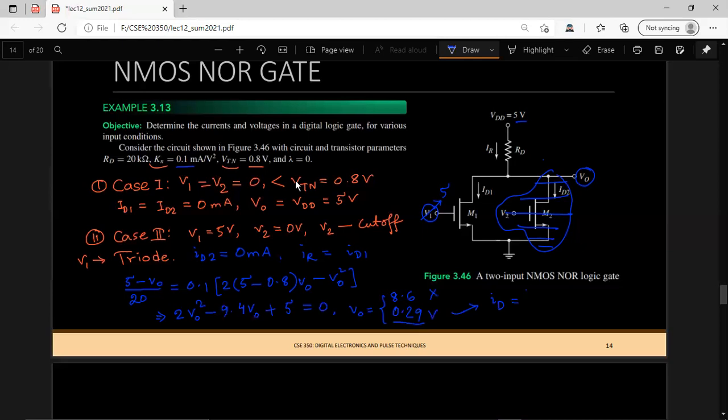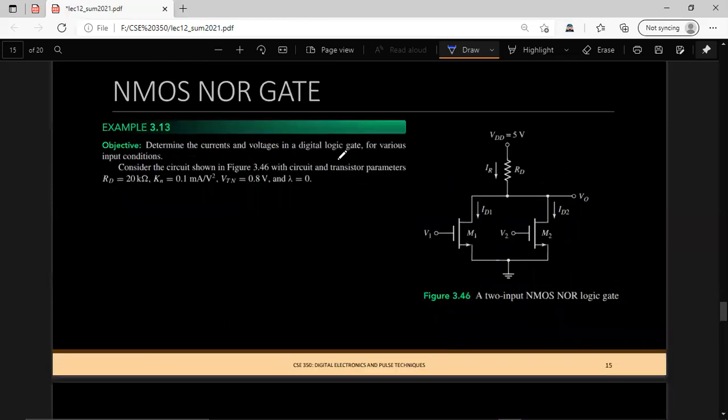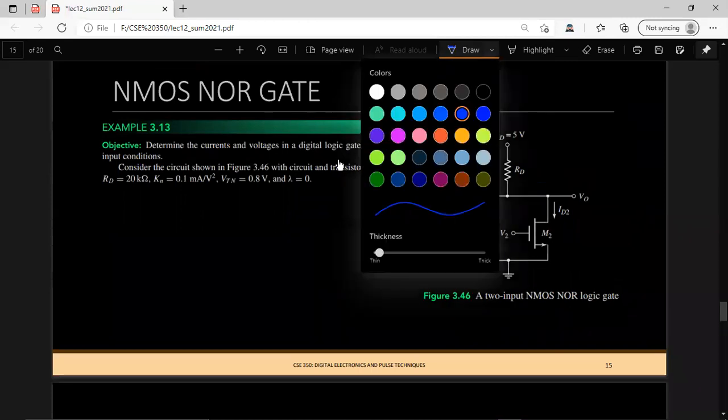That should be (5 minus 0.29) divided by 20, and the solution is 0.2354 milliampere.